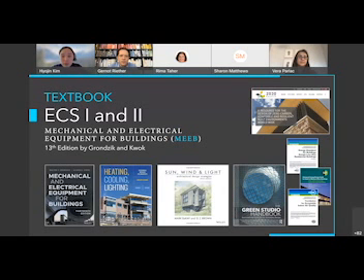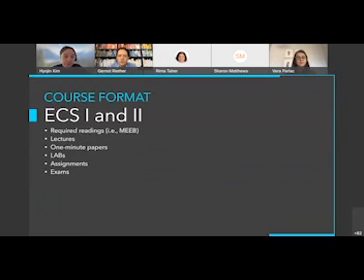And I use the same textbook for both courses, which is mechanical and electrical equipment for buildings. And I also introduced some other major textbooks in the subject area and online resources and current industry standards. In terms of the course format, they are set up in the same way.